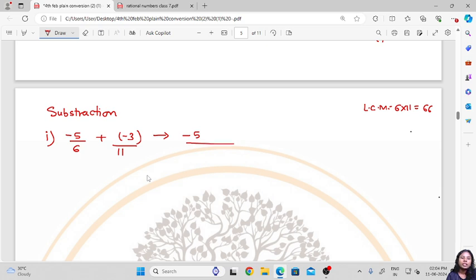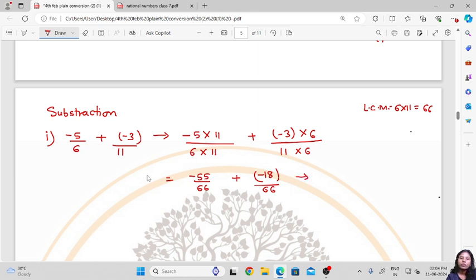So we take 6 into 11 and into 11, plus minus 3 upon 11 into 6, which gives us 66. So minus 55 upon 66 plus 6 3s are 18, so minus 18 upon 66.